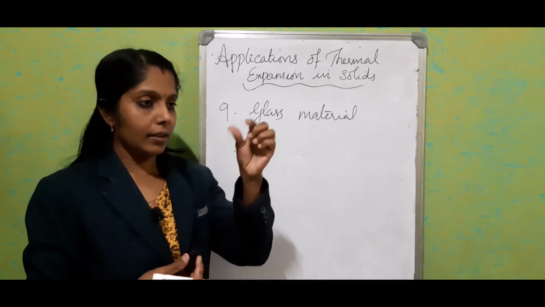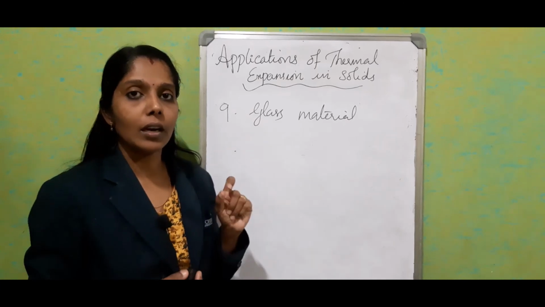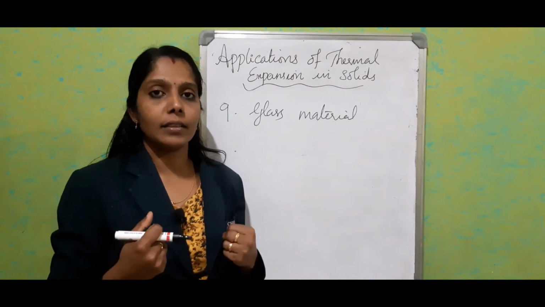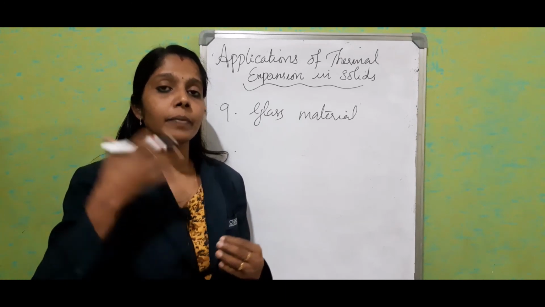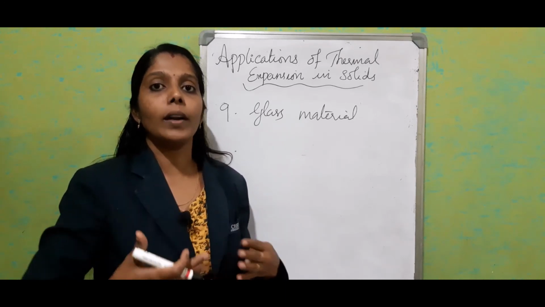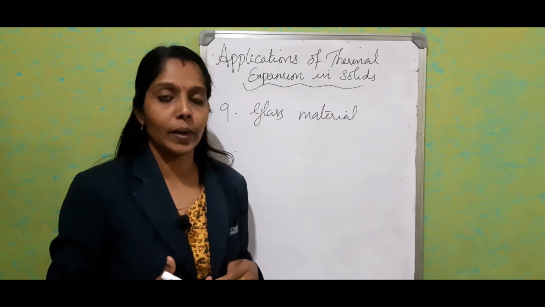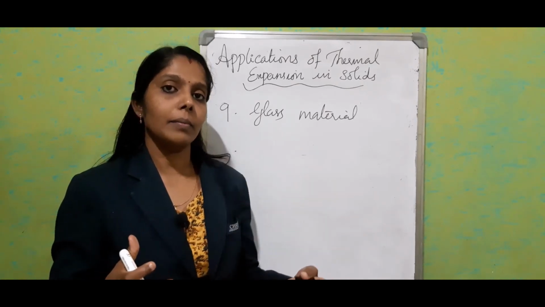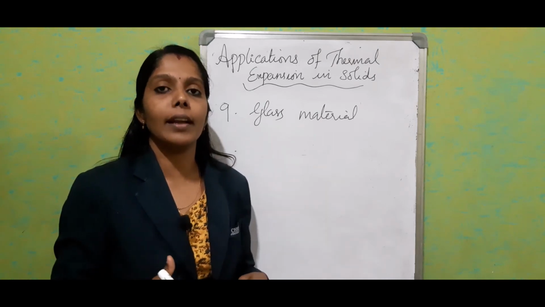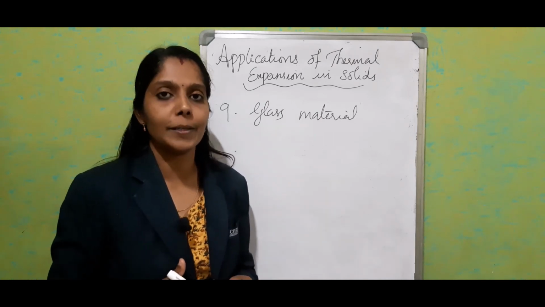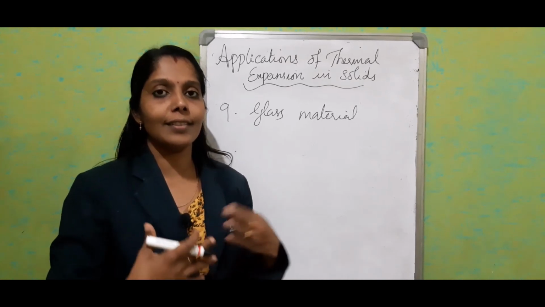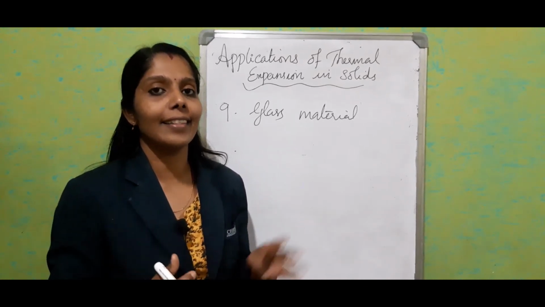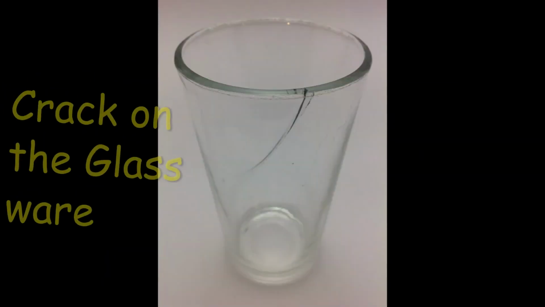We know that glass has some thickness, so the inside part will absorb heat energy very fast. As it is a bad conductor, the outer layer will not get the same heat energy quickly. So the inside part will expand very fast, but the outer layer is still at normal room temperature. So there will be a difference in expansion, and it creates a crack in the glassware.